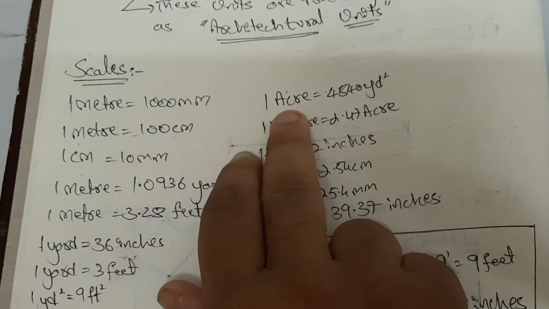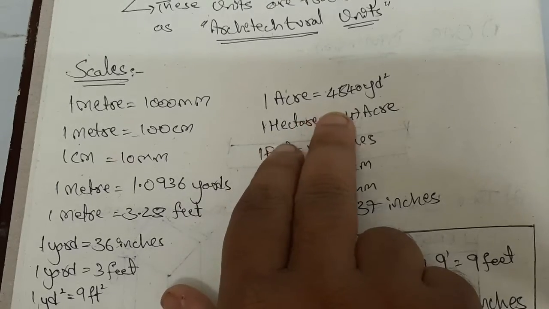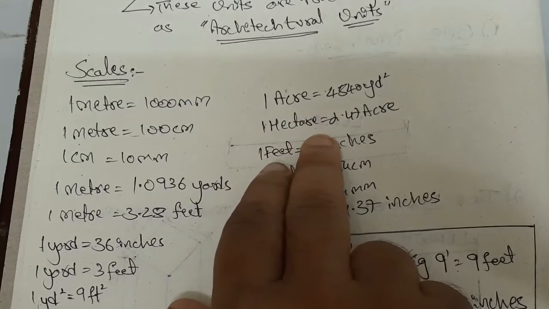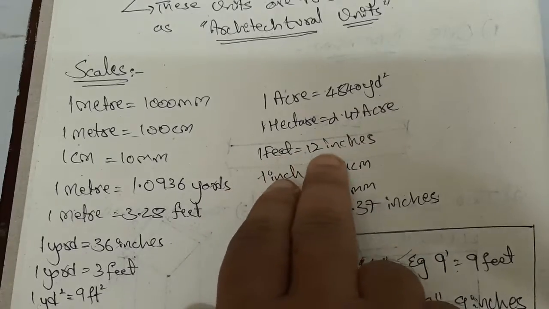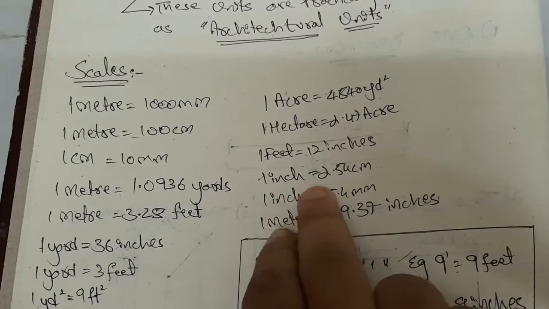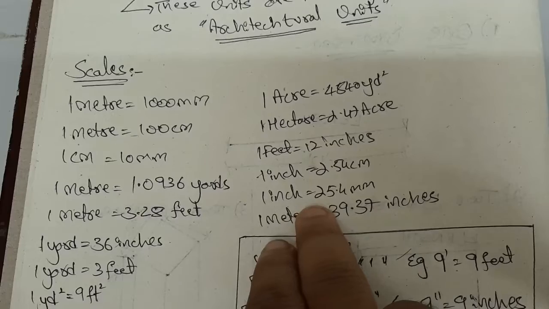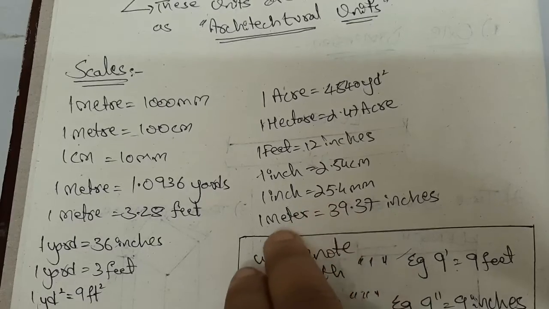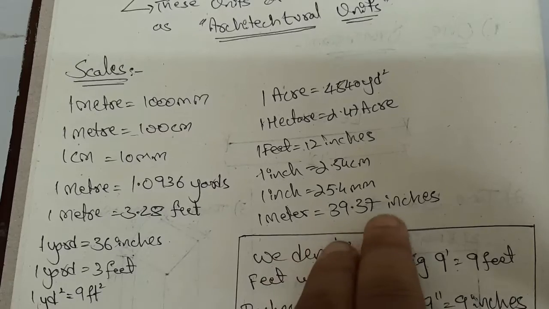Now 1 acre is equal to 4840 yard square. 1 hectare is equal to 2.47 acre, and 1 foot is equal to 12 inches. 1 inch is equal to 2.54 centimeter, and 1 inch also equals 25.4 mm, and 1 meter is equal to 39.37 inches.